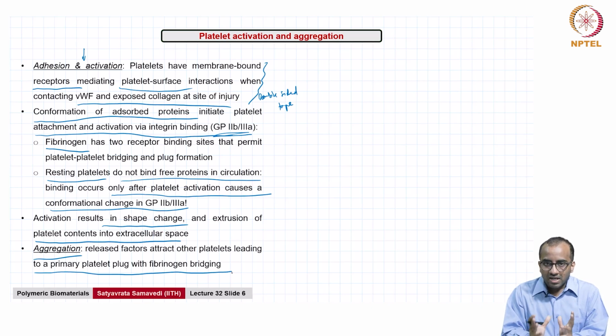In either case, activation results in a shape change in the platelets, leading them to extrude a bunch of factors into the extracellular space. That is going to lead to more platelets being attracted to the site of injury to bridge and form the primary platelet plug.